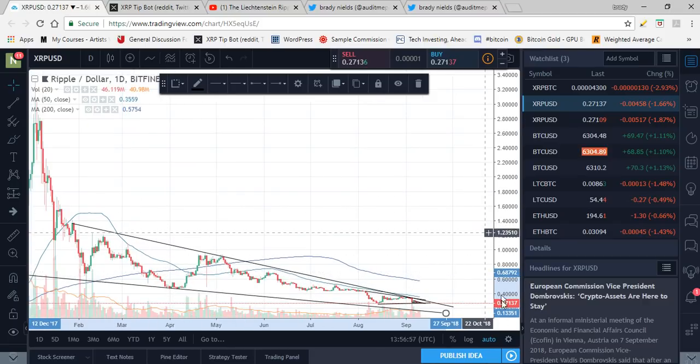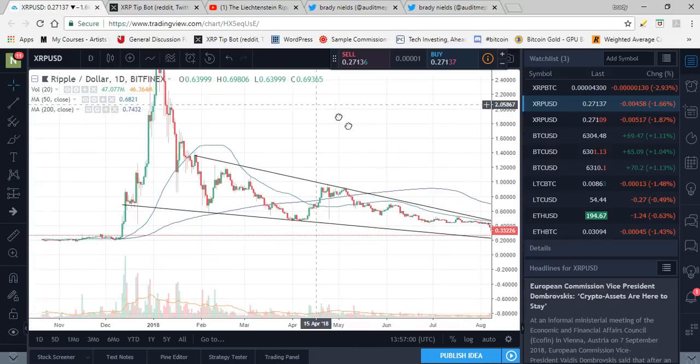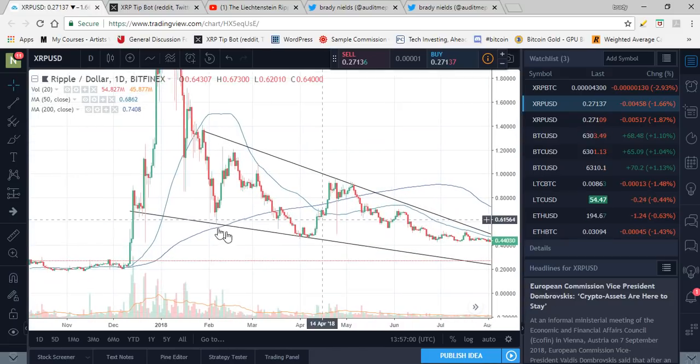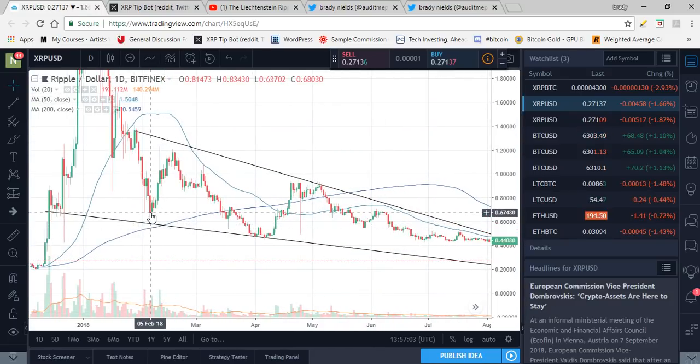See, this one here was but a wick. You can see right here, when I was doing the 4-hour and 1-hour charts, I didn't really use the wicks that often, but on a daily, you know, it could have spent the whole day down there, but then it snapped back up.